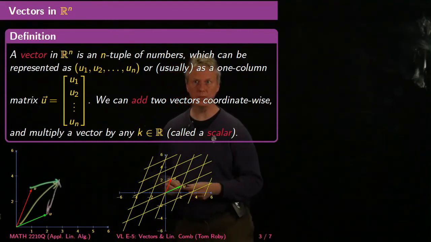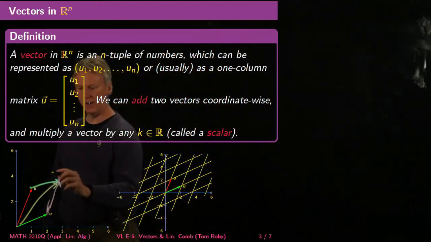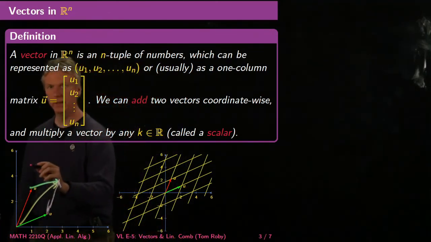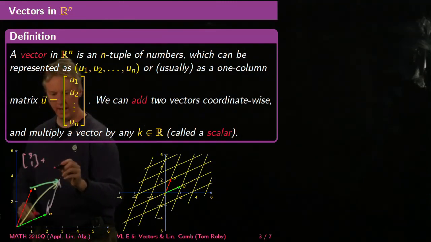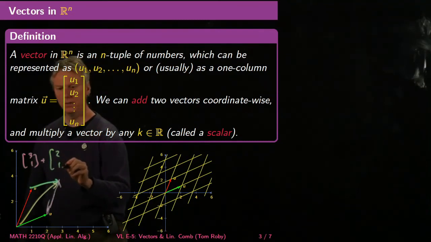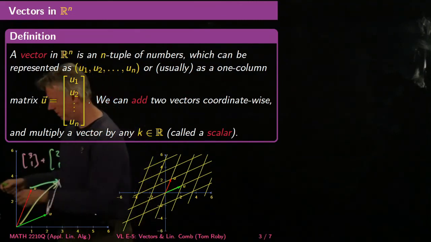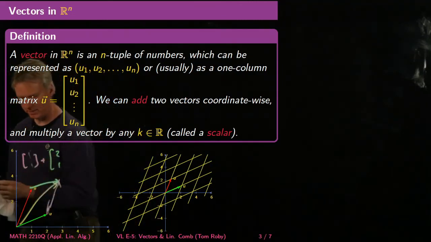Okay? But that turns out to be the same thing if I think about adding just the numbers, right? I guess actually this was 1, 3, so I'll fix that real fast.